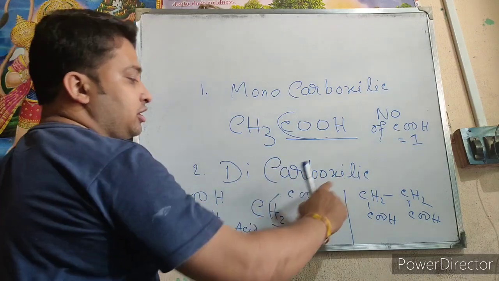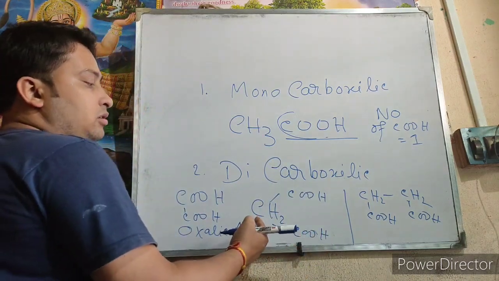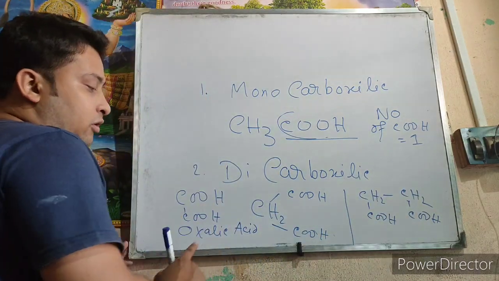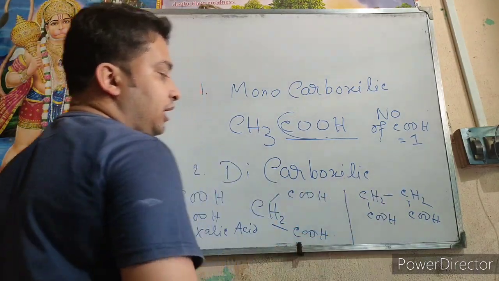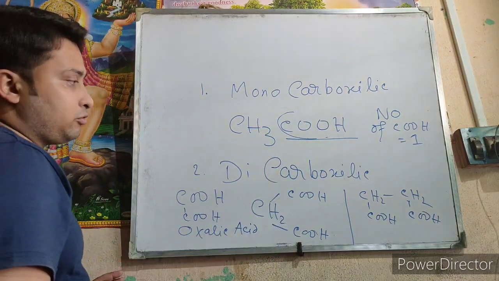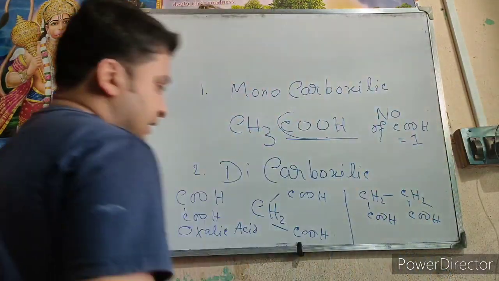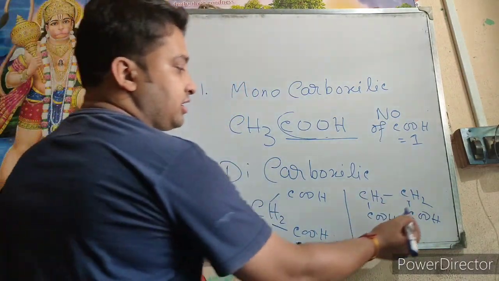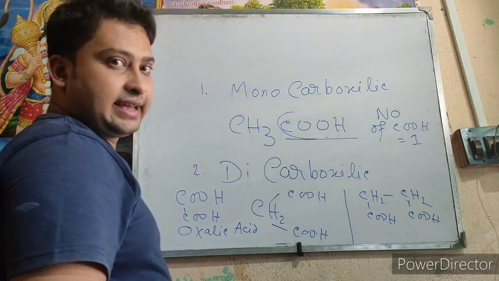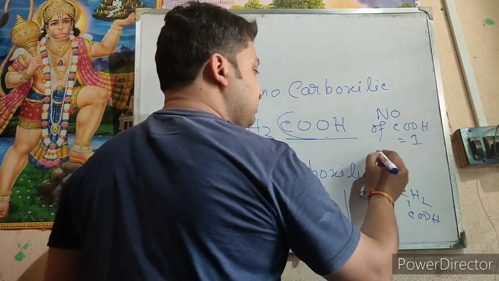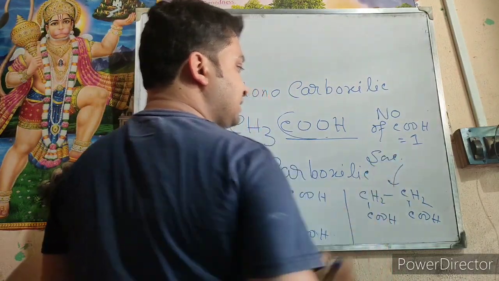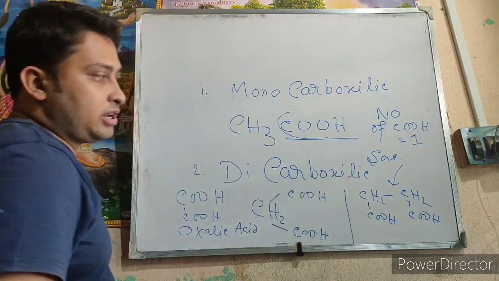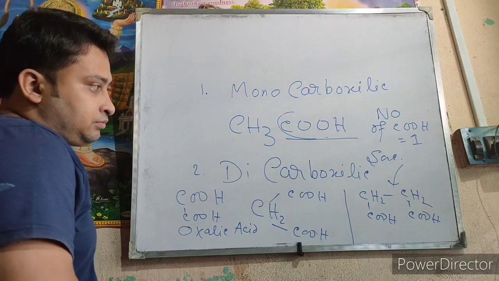If the number of carboxyl groups is 2, on one carbon or different carbons, or in this way as oxalic acid, these are called dicarboxylic compounds. If it is CH2COOH, CH2COOH, this is called succinic acid. So succinic acid and oxalic acid are examples of dicarboxylic compounds.